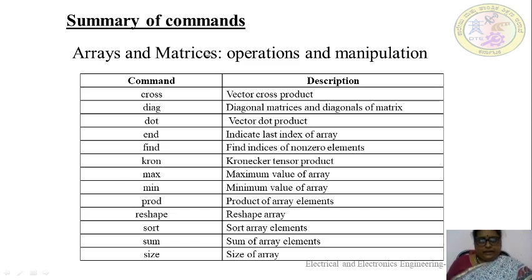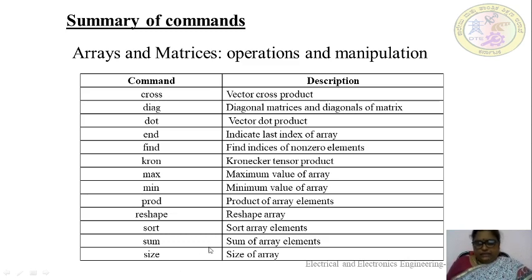Arrays and matrices, operations and manipulation. You have used diag to form the diagonal of the matrix. End to indicate the last index of the array. Max will give you the maximum value of the array. Min will give you the minimum value of the array. Sort sorts the array elements.